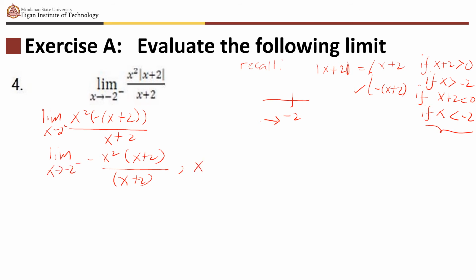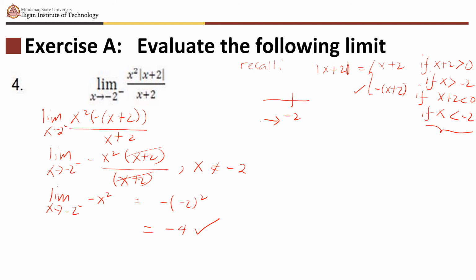Again, x is not equal to negative 2, so we can divide out x plus 2 and x plus 2 here and come up with the limit of negative x squared as x approaches negative 2 from the left, which is equal to the negative of negative 2 squared, which is now equal to negative 4.